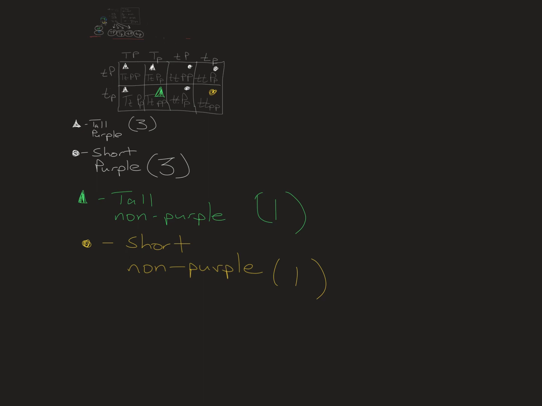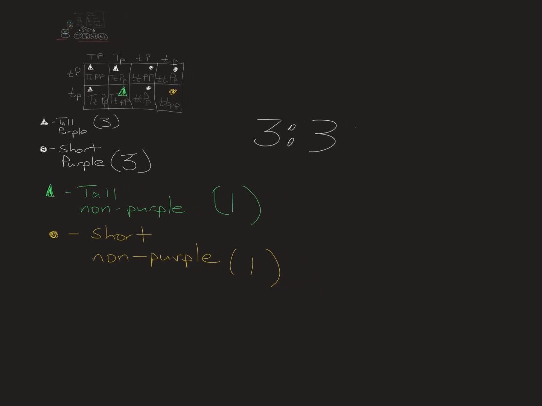So now my ratio of different phenotypes is 3 to 3 to 1 to 1. That's my answer, because that's the ratio of tall purple to short purple to tall non-purple to short non-purple. 3 to 3 to 1 to 1.